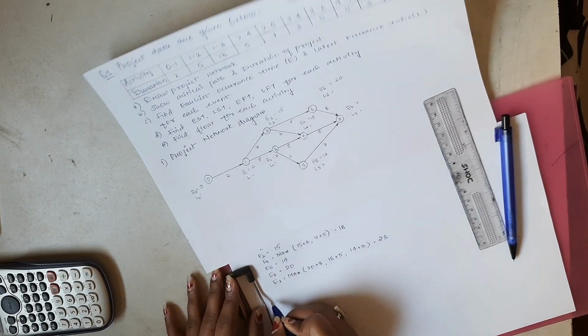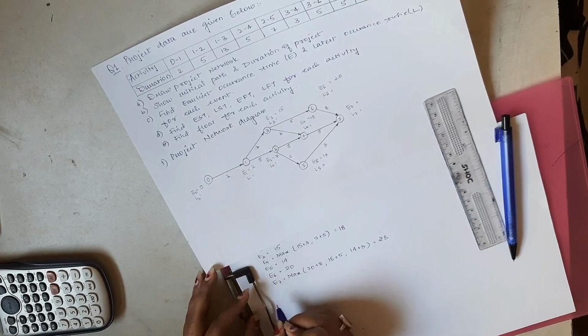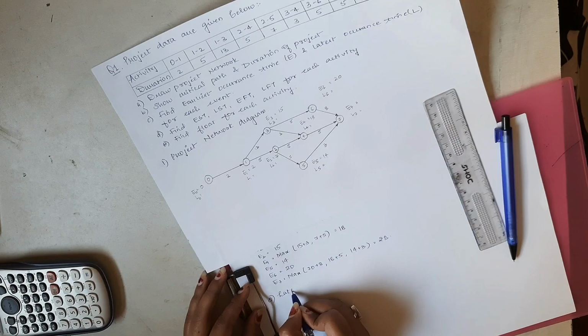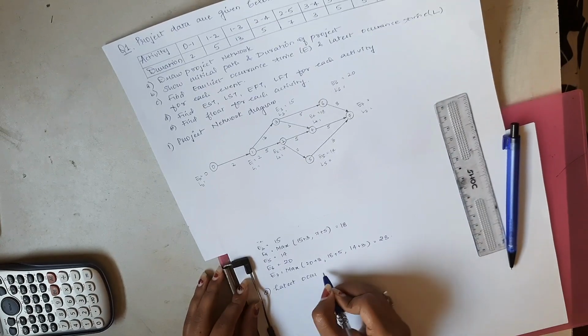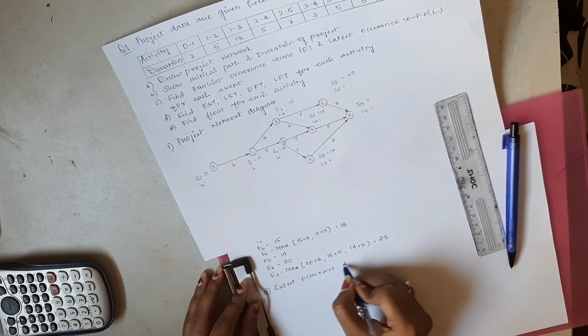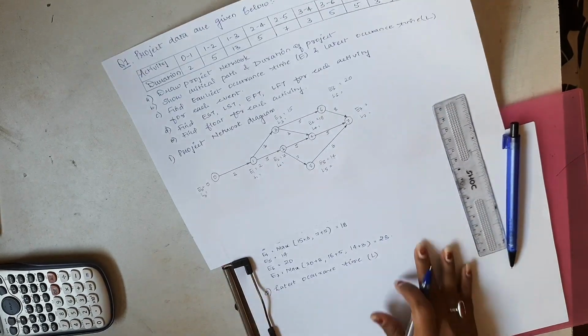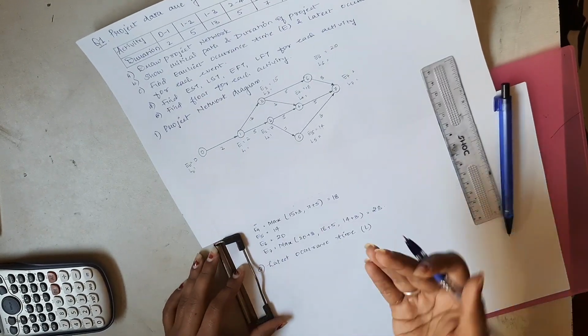Now we have the second part as well, that is calculating the latest occurrence time for each event. In such a case, you need to go in descending order.